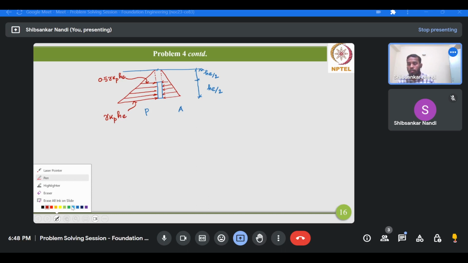So similarly, this value is 0.5 gamma Ka Hg, and this value is, not 0.5, gamma Ka Hg. So we can determine the net force, that is by subtracting PA from PP. So where we'll calculate one component, then we can easily calculate the other component.